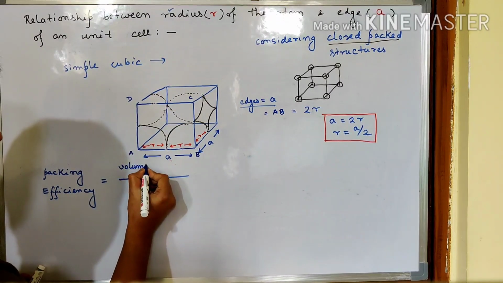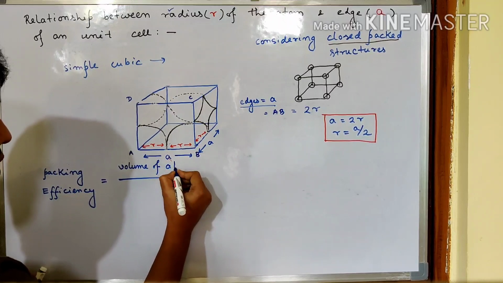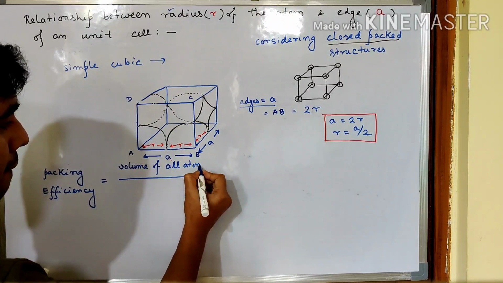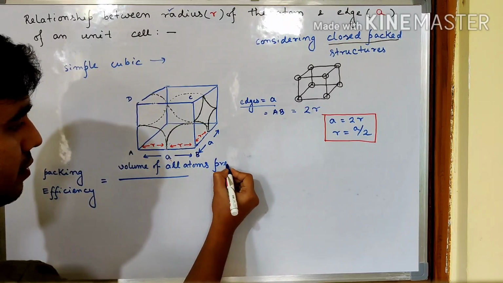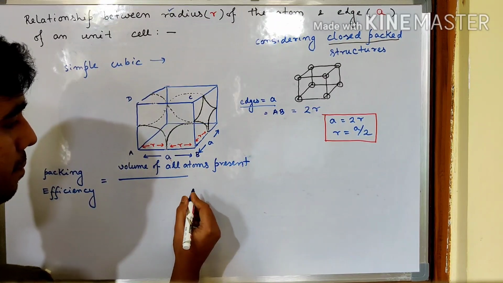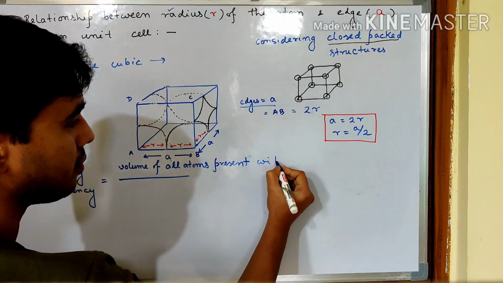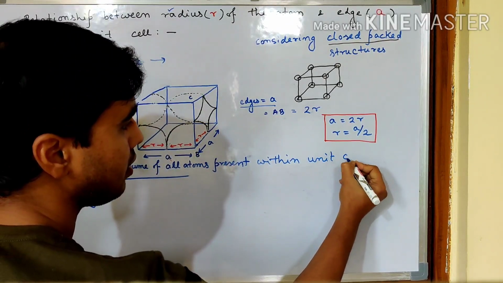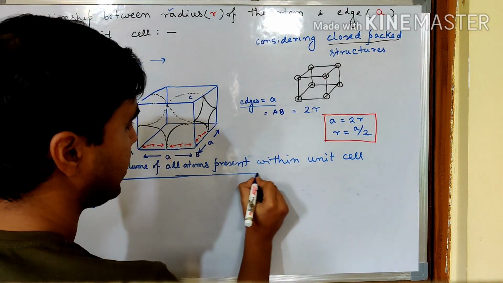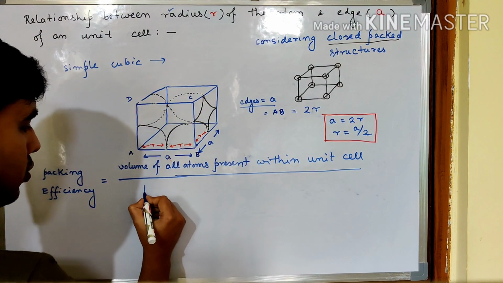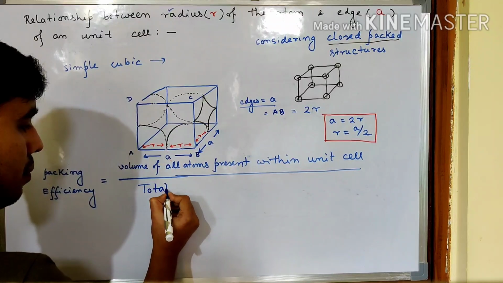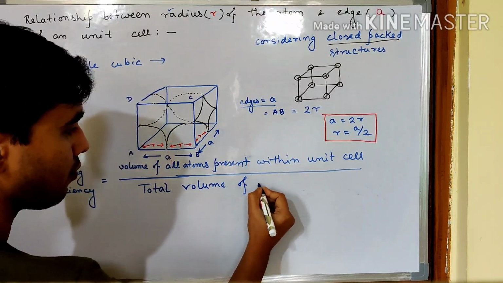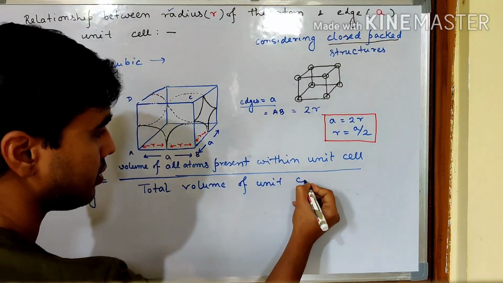the volume of all atoms present within the unit cell divided by the total volume of the unit cell.